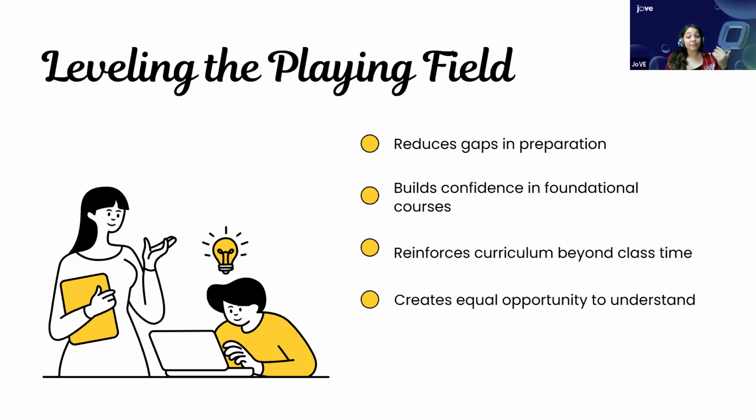Because in many foundational courses, or our undergraduate first year level courses, those differences show up very quickly. And leveling the playing field means thinking about how we support diverse learning needs and how we can create equal opportunity to understand, not just access content. And that's really the heart of today's conversation.